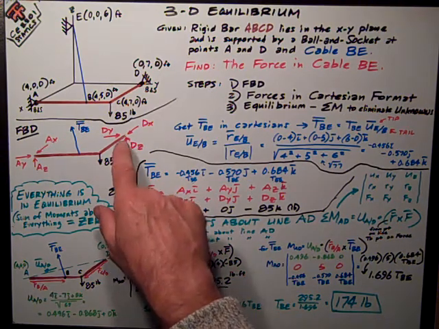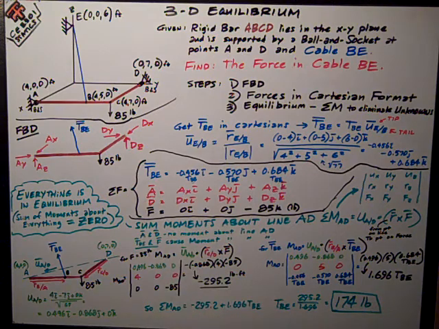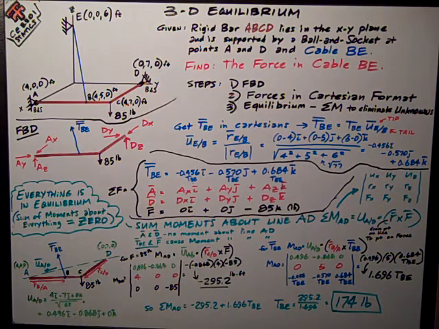Do the same thing at point D where I have a ball and socket with DX, DY, and DZ. I have the force in the cable, which is a vector, which I'll express as TBE. And then I have my 85-pound force. So the free body diagram really lays out everything so I can see what's happening with this bar.